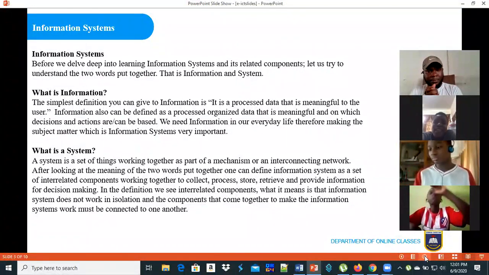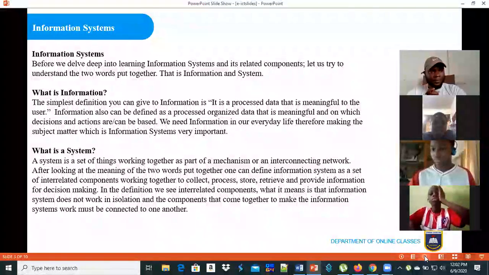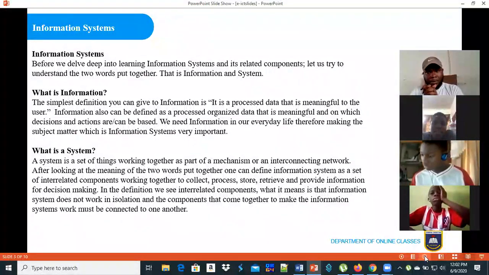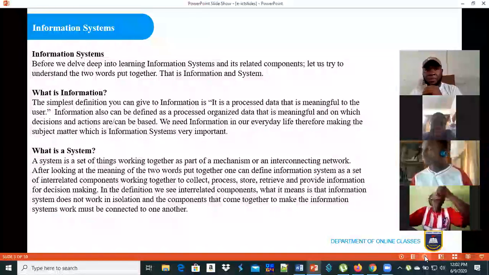So I understand information system as a procedure through which information is distributed. Okay, so you understand information system to be a procedure through which information is distributed.